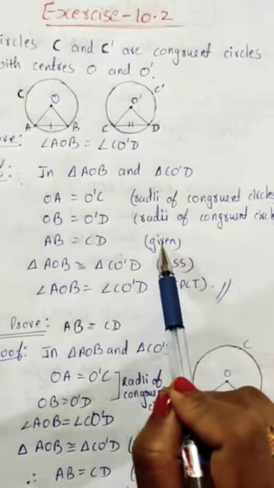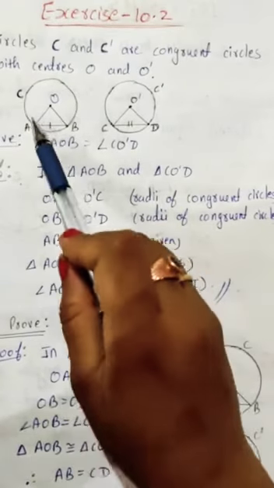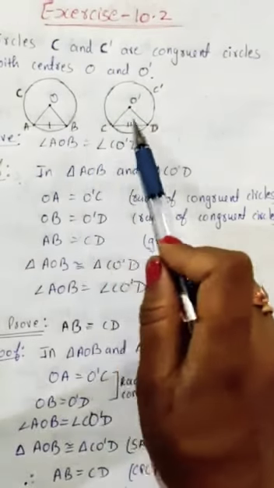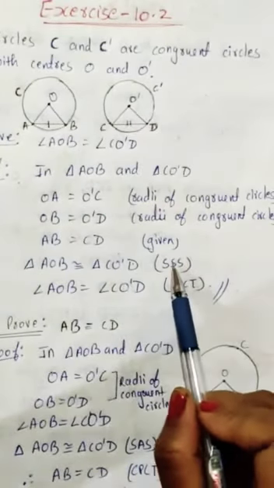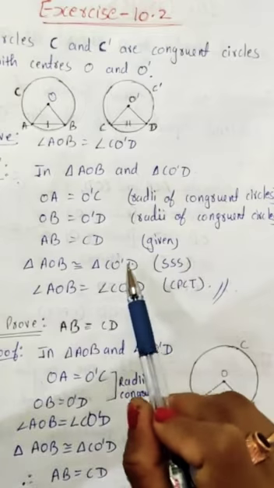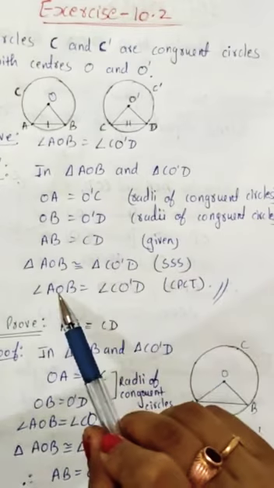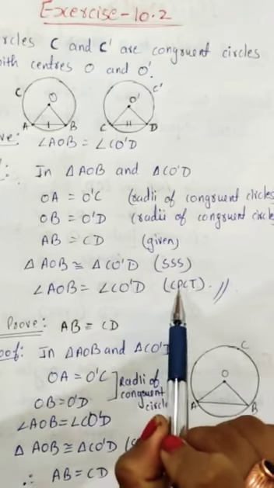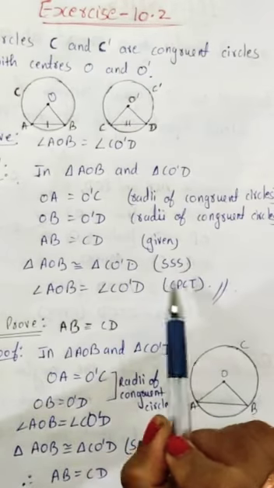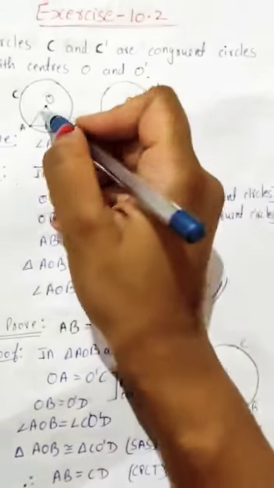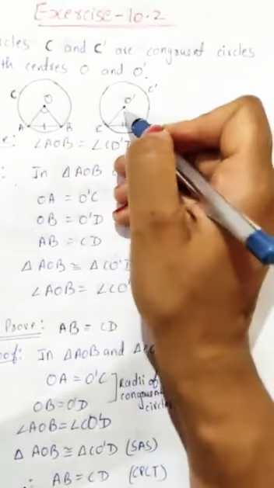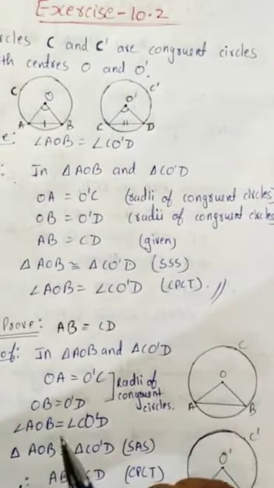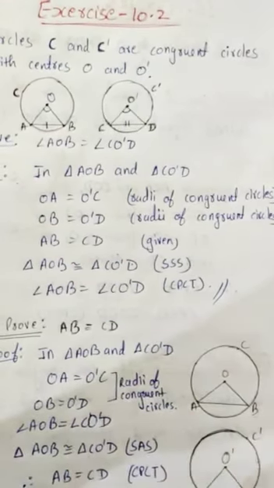Therefore triangle AOB is congruent to triangle CO'D by side side side criteria. And if these two triangles are congruent, then you can write angle AOB is equal to angle CO'D by corresponding parts of congruent triangles. So this way you have proved that angles subtended by equal chords in two congruent circles are also equal. So this way we have proved the first question.